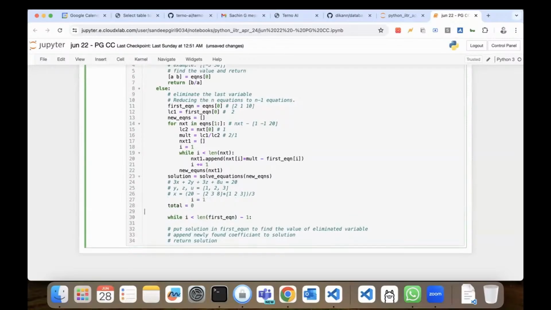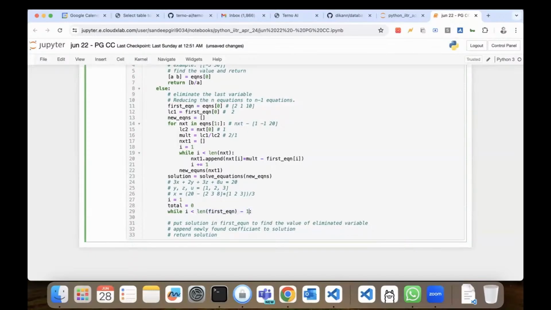I'm starting from the first position, going for less than 1. So it'll just go till here. And I'll say total plus equal to first underscore equation at ith location, whatever is the coefficient, multiplied with solution I. This is a little disturbing.